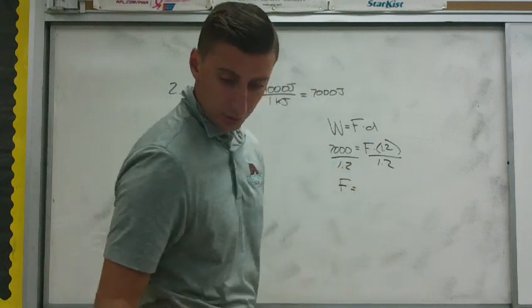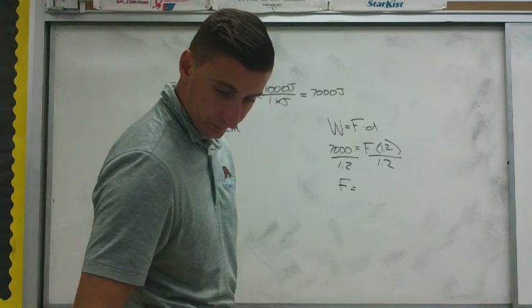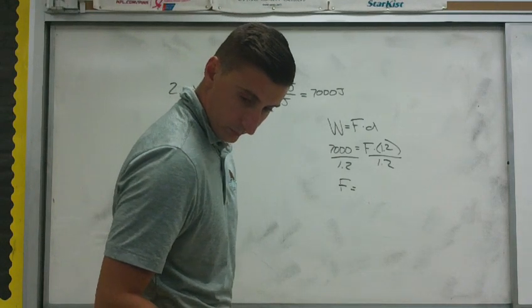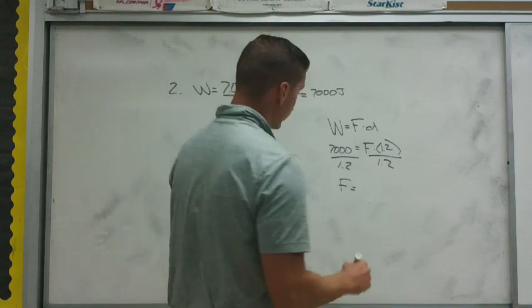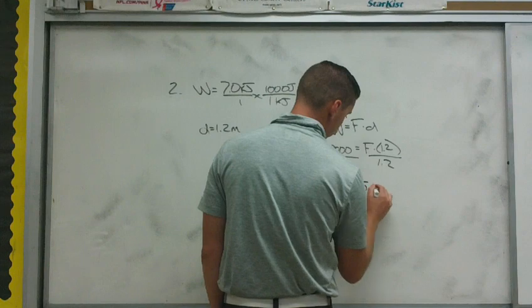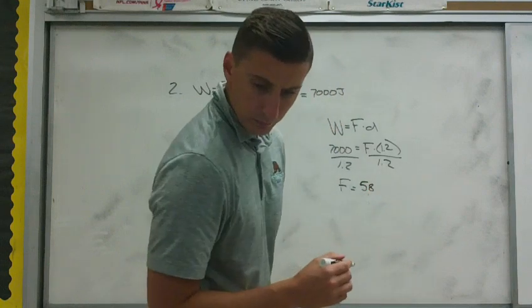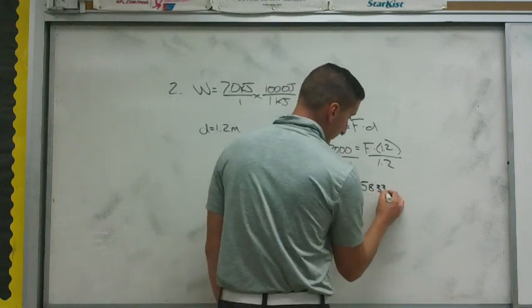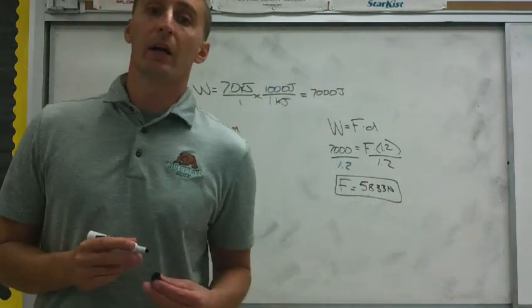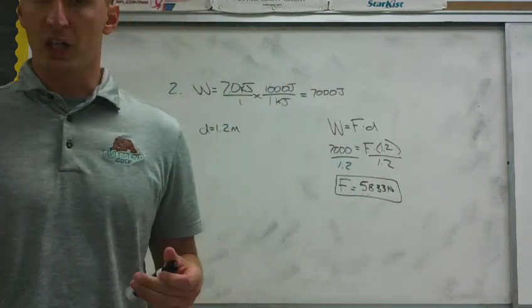The force is equal to 7,000 divided by 1.2. All right, so we found the force that the forklift needs to overcome, right?